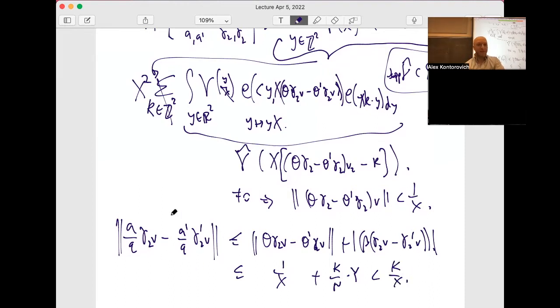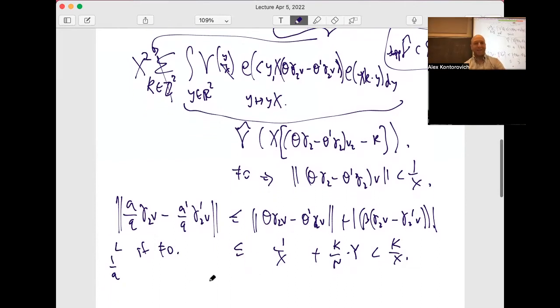Now this is of size, if non-zero, so if the distance to the nearest integer is not 0, then it's at least 1 over q, because it's a bunch of integers with a fraction 1 over q. And q is at least 1 over big Q. And x was n to the 1/2. Remember, qk is at most n to the 1/2, which is x.